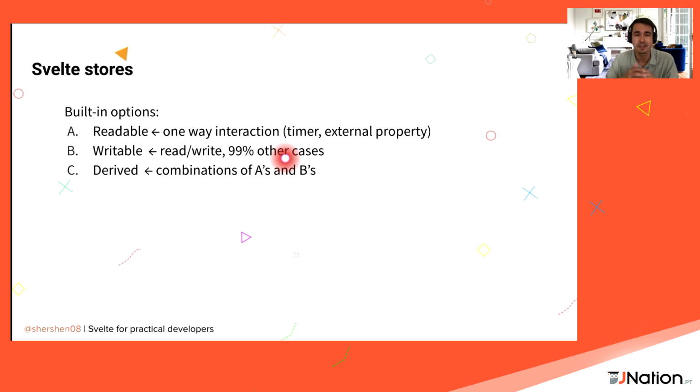So Svelte has three types of stores: readable, writable, and derived. Basically, readable is something that you just cannot change, and you are just overseeing whether it's changing and may react on it. Writable is a full-blown read and write solution, and if you want something more advanced, you can go for derived.